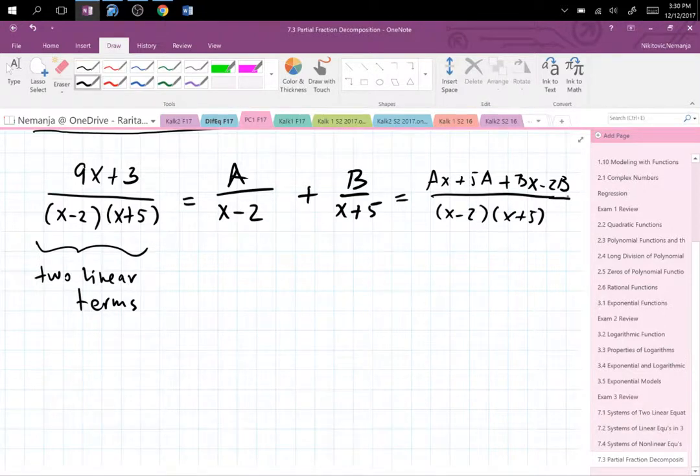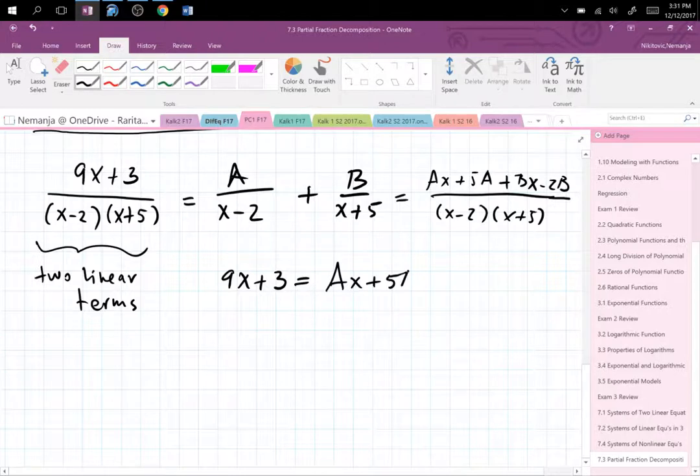And now, since denominators are the same, I can equal numerators. 9x plus 3 is equal to ax plus 5a plus bx minus 2b. All right, so now these are like terms, and these go together as constants.